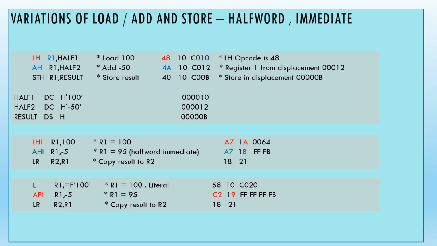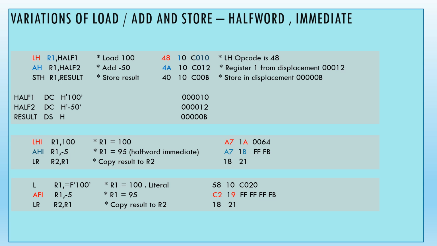So if you look at LH R1, of1, there are three parts to it. One is LH, whatever the instruction is, LH, AH, STH, its equivalent opcode comes. Then it is looking for two registers. In our case I have only one register, so it is saying 10. And for the second parameter, of1, of2, result, where is its address?